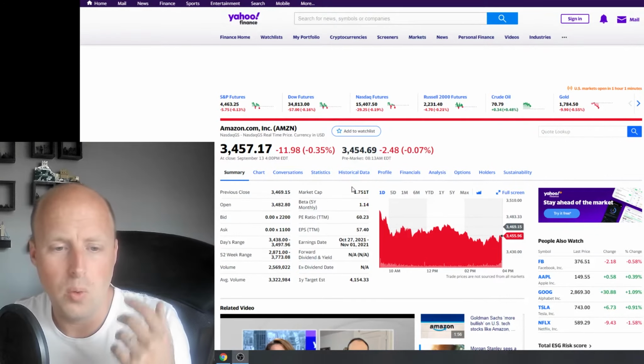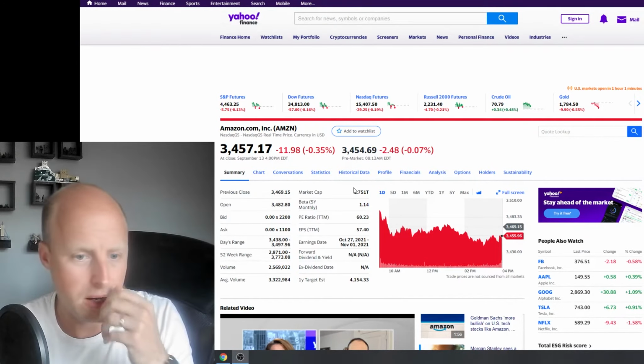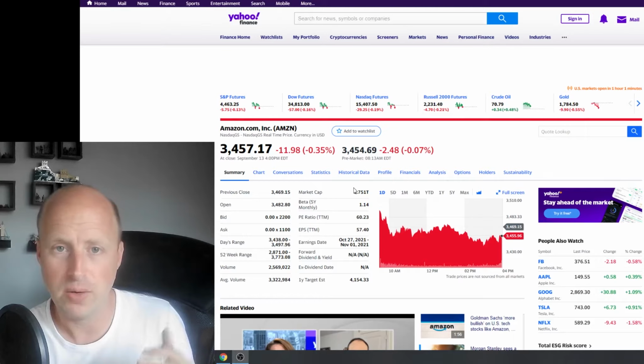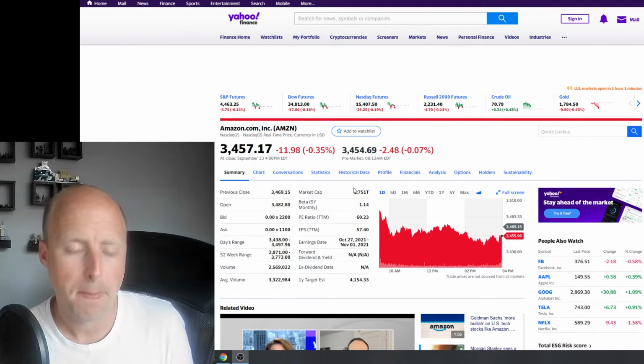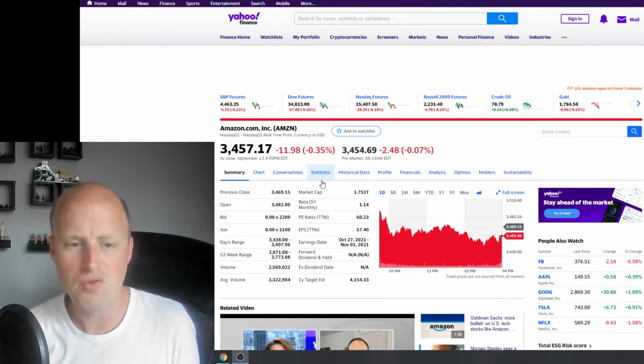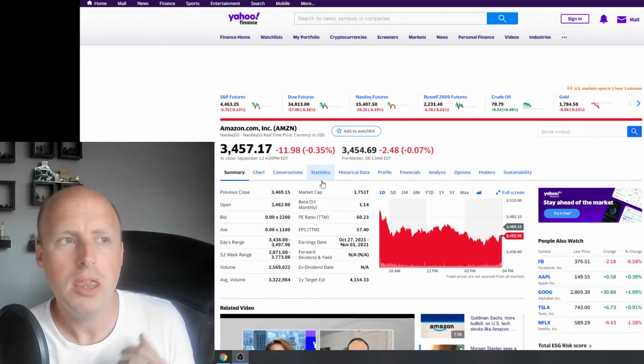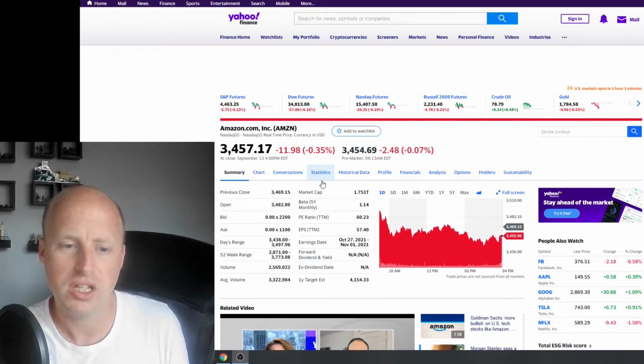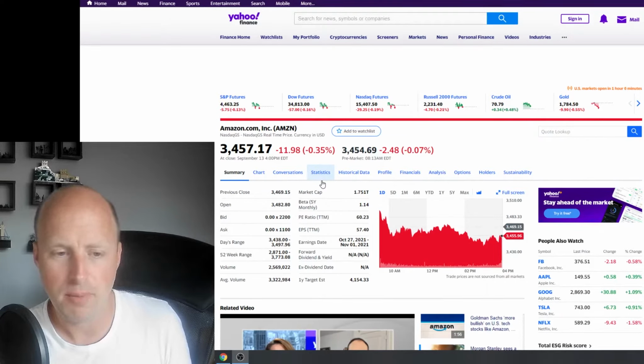The way I decide on valuations for a growth stock is I look at its current market cap and I figure out roughly what kind of income the company would need to justify that market cap. So, say for example, we've got Amazon here.